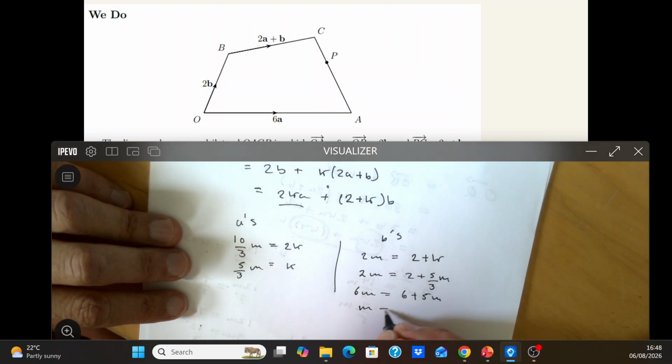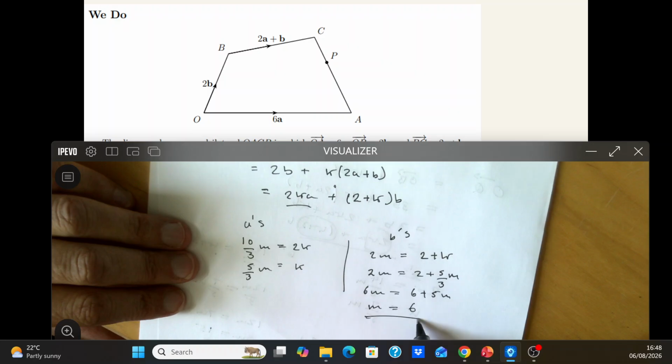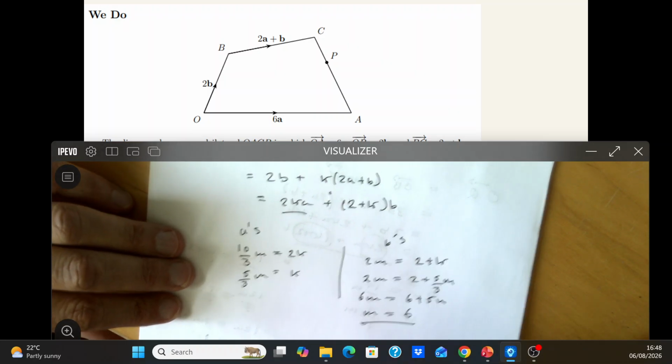What does that mean? M equals. Now we've done the hard bit finding M. We need to remember to put it back into our one up here.